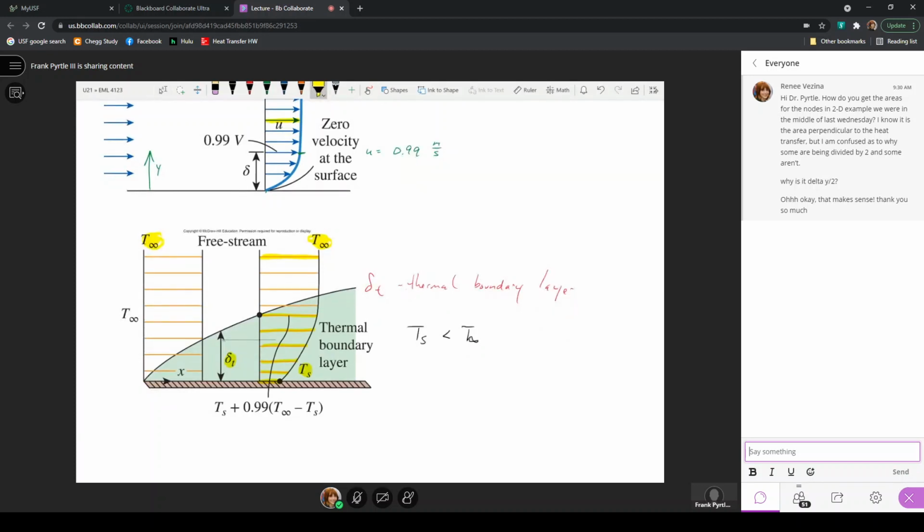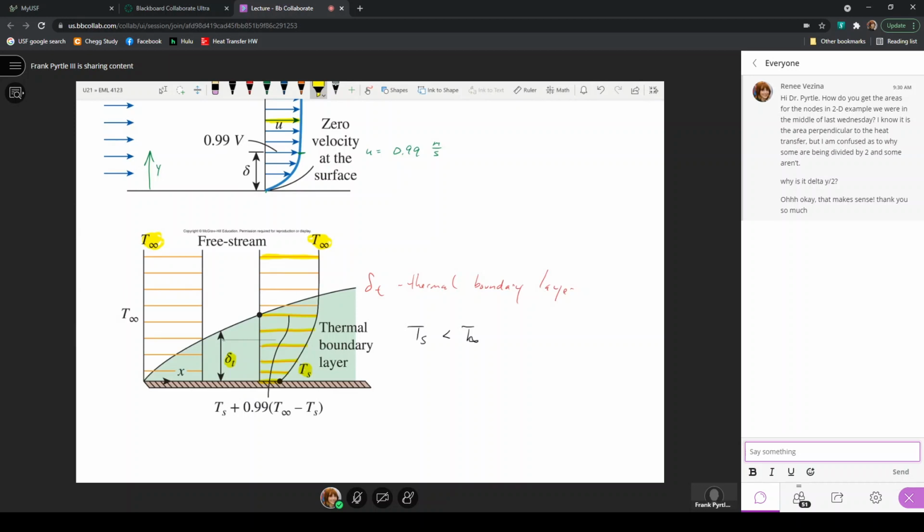So here, this expression of the thermal boundary layer is going to be defined as the position at which 99% of the temperature difference occurs.